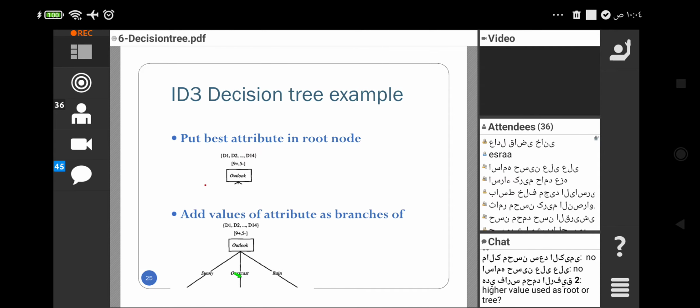Here, when outlook is sunny, again we check those three conditions. And if those conditions are not true, we select the best attribute. So we are selecting the best attribute in every node of the tree, not only for the root node, Mrs. Hoda. We are checking for the best attribute in all of the nodes that we are adding to the tree.